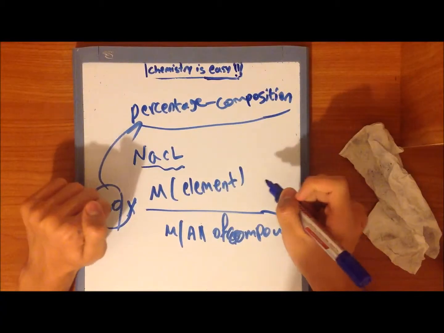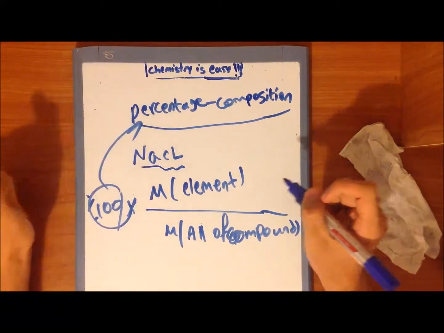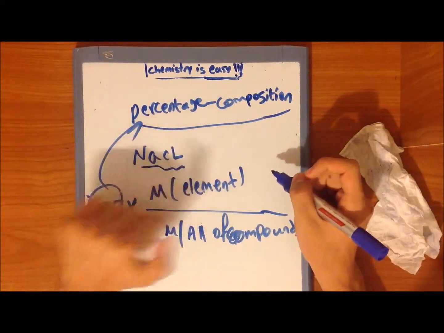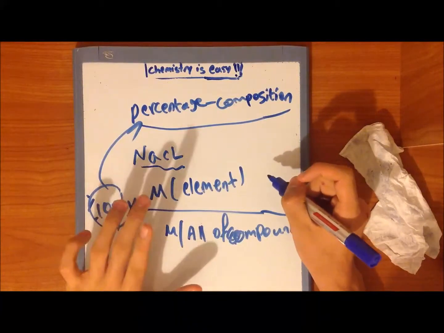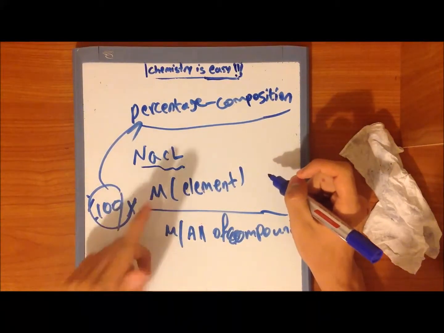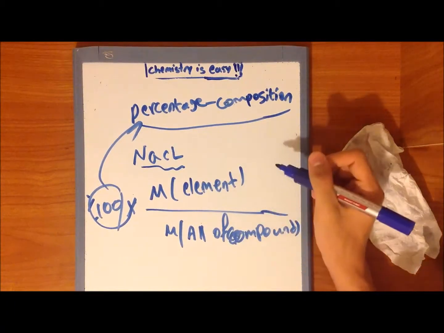For example, here I want to know how many percent of the whole compound is Na. Molar mass of Na divided by molar mass of the whole compound. And molar mass is the same as the mass number of the element. For example, for Na, if you look at the periodic table, it's about 23.